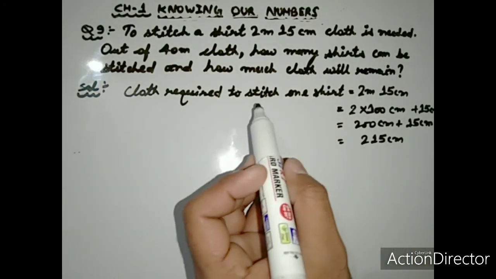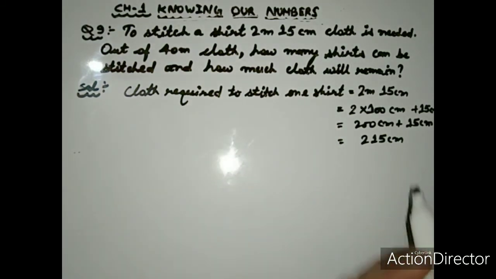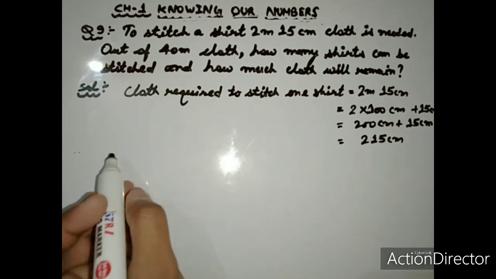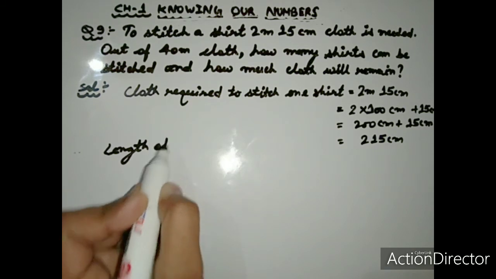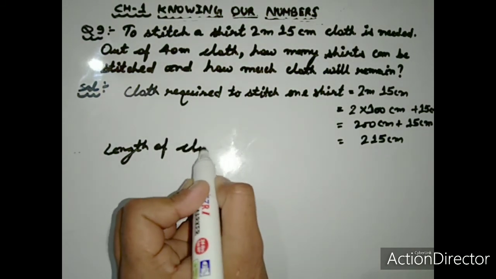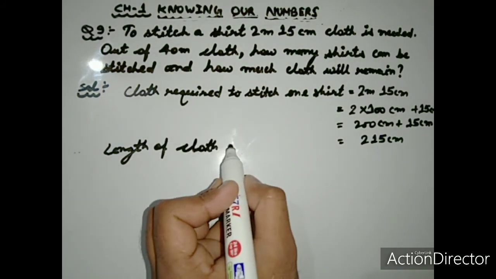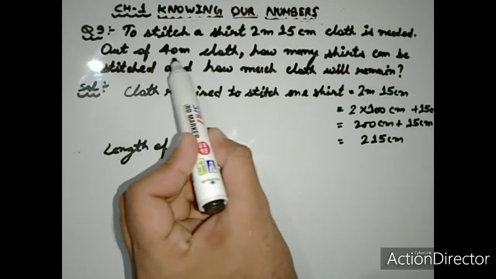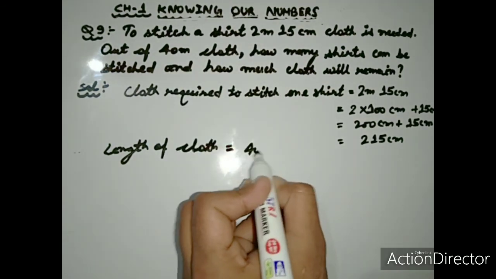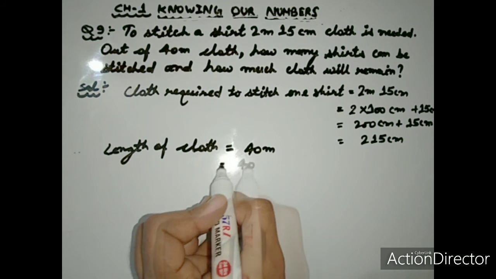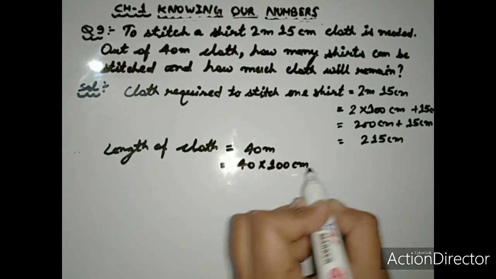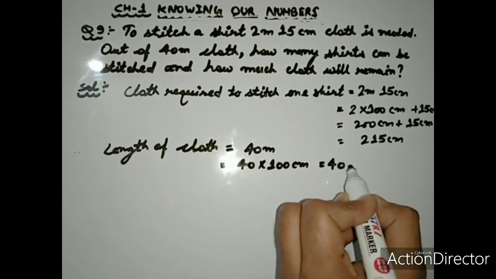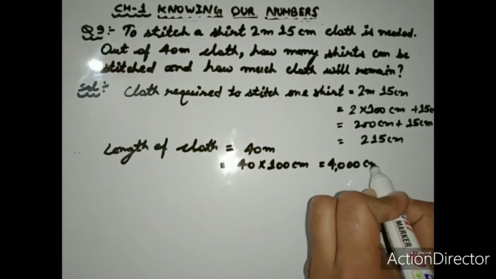Here the cloth required to stitch one shirt is equal to 215 centimeter. Now the length of cloth is equal to 40 meter. Here we also convert this, we multiply 40 by 100 centimeter, then we get 4000 centimeter.